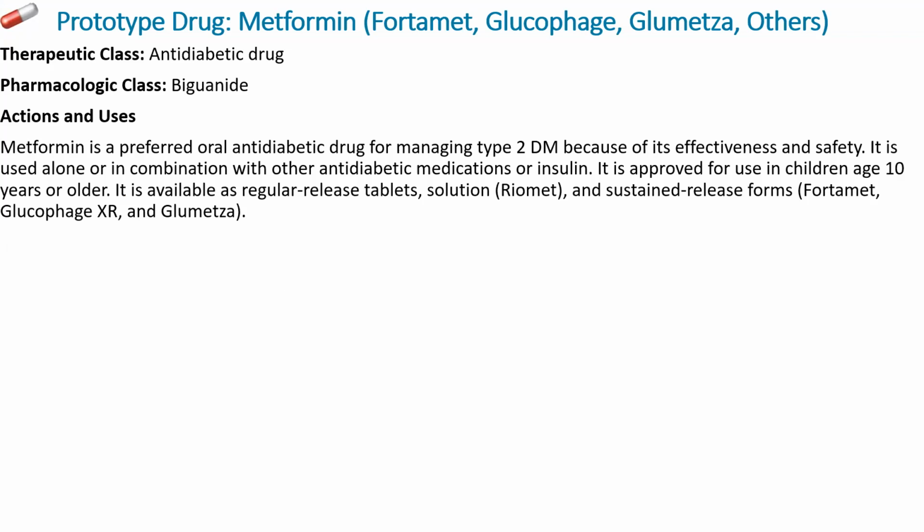Metformin or glucophage is the best initial therapy for obesity-related type 2 diabetes because the metformin will not cause hypoglycemia and it will not increase weight. So weight gain and hypoglycemia as side effects of sulfonylureas can be avoided with the use of biguanides like metformin glucophage.